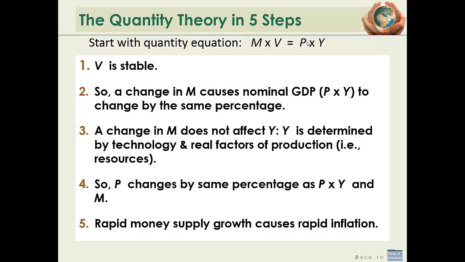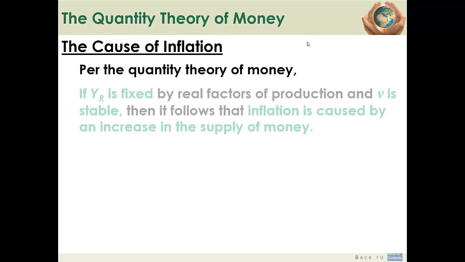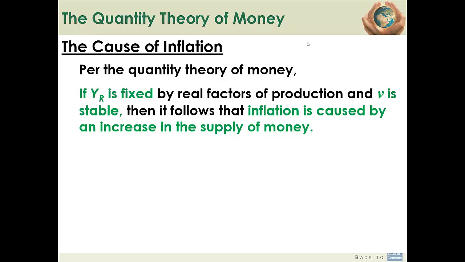You were throwing a lot of money out there, and all that money was chasing a fixed amount of goods, and all it did was cause prices to increase. So the cause of inflation, per the quantity theory of money, if real GDP is fixed by real factors of production, and velocity is stable, then it follows that inflation is caused by an increase in the money supply.